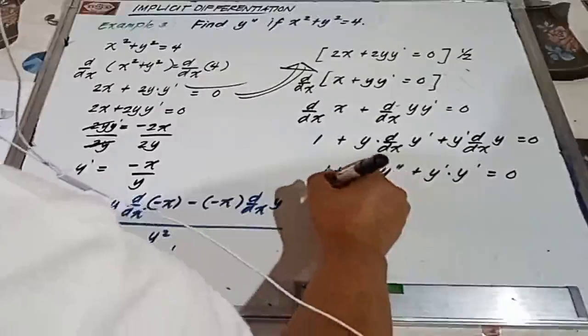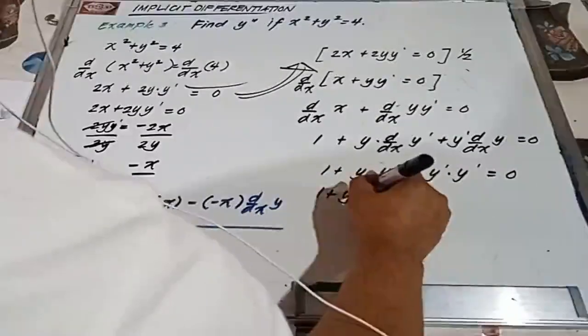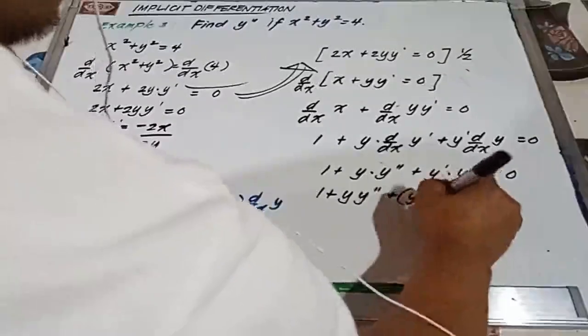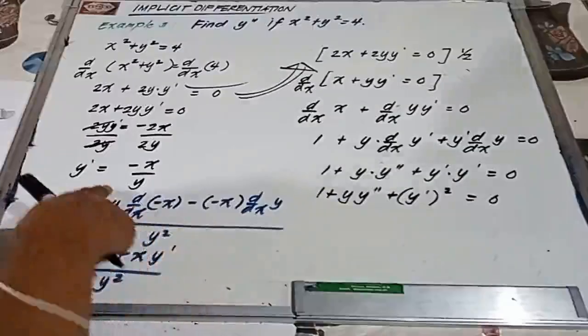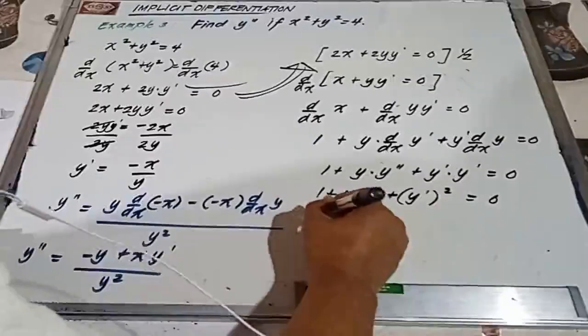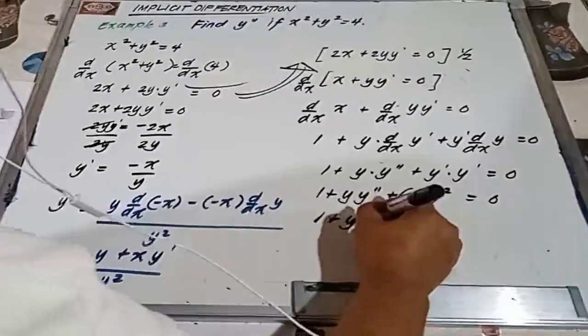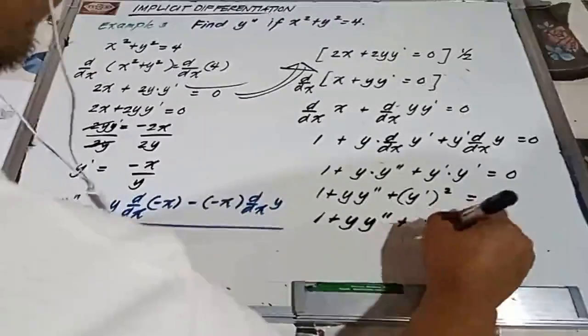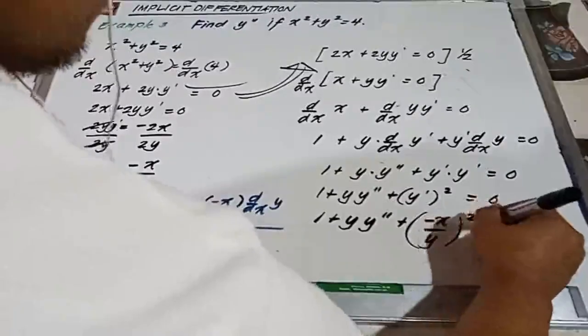So we have 1 plus y y double prime plus y prime squared equals 0. And y prime, or the first derivative, is negative x over y. So we have 1 plus y, second derivative, plus negative x over y squared equals 0.